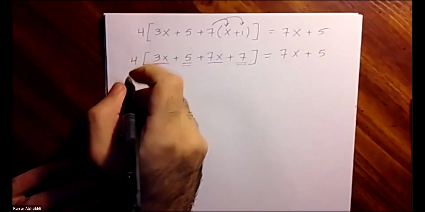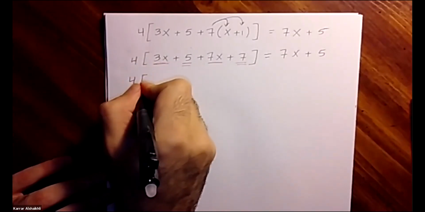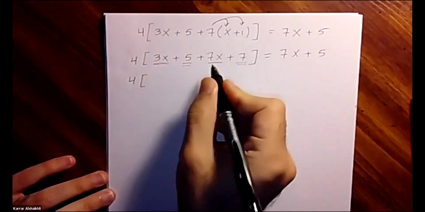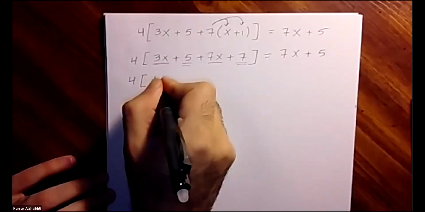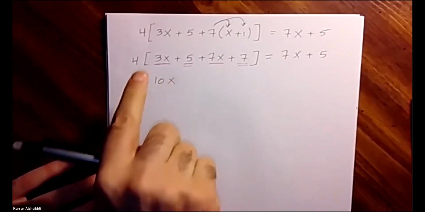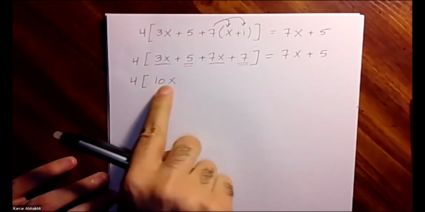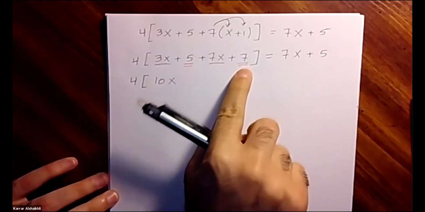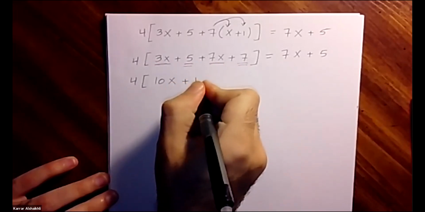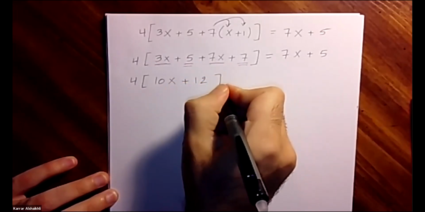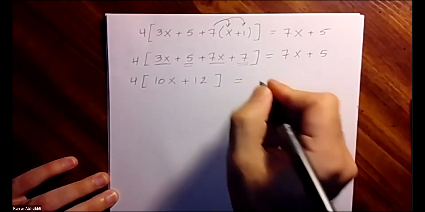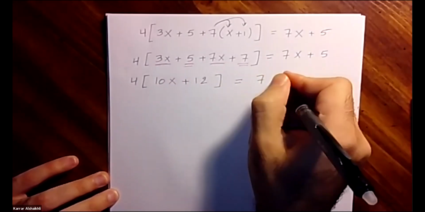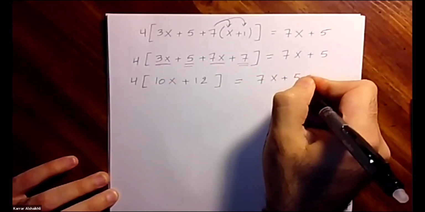I'm not going to do anything with the 4, just write it down. 3x plus 7x is going to be 10x, because we're just going to add 3 plus 7, 10. I'm not going to do anything with the x. 5 plus 7 is going to be 12. Close the bracket, and here is the other side, which is 7x plus 5.